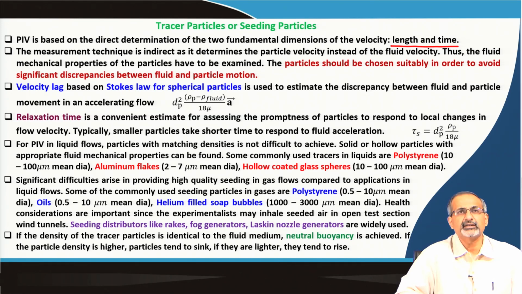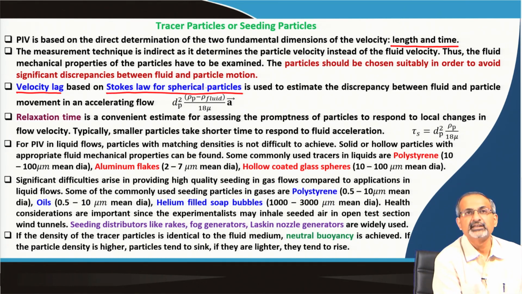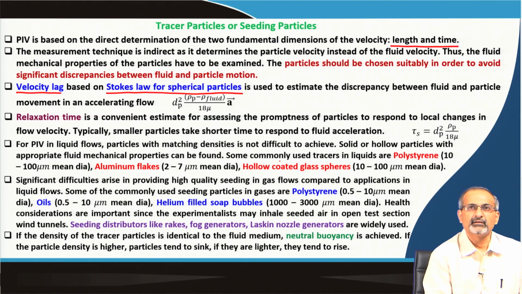We have talked about it earlier also, we are reiterating it here. We have talked about velocity lag earlier. Here we are introducing the Stokes law for spherical particles, which helps us to estimate the discrepancy between fluid and tracer particle movement in an accelerating flow.